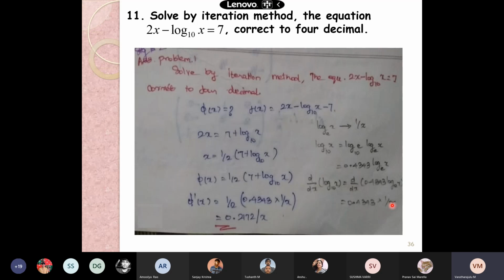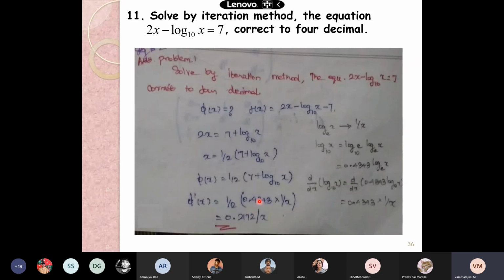So keep in mind that d by dx of log base 10 x is equal to 0.4343 divided by x. That is what is written here, and while keeping your number of digits as 4, you will get 0.2171, not 72.